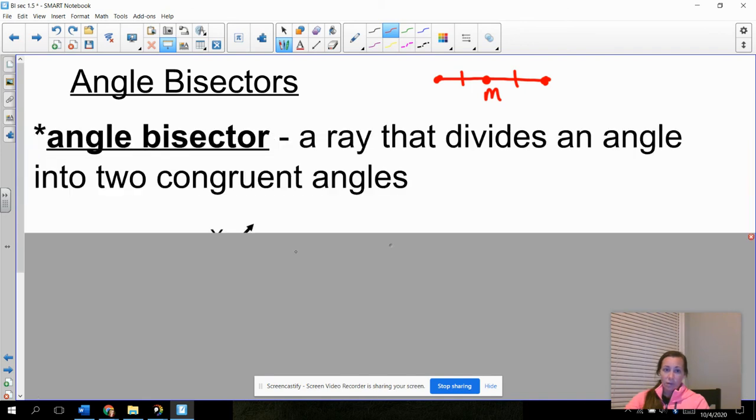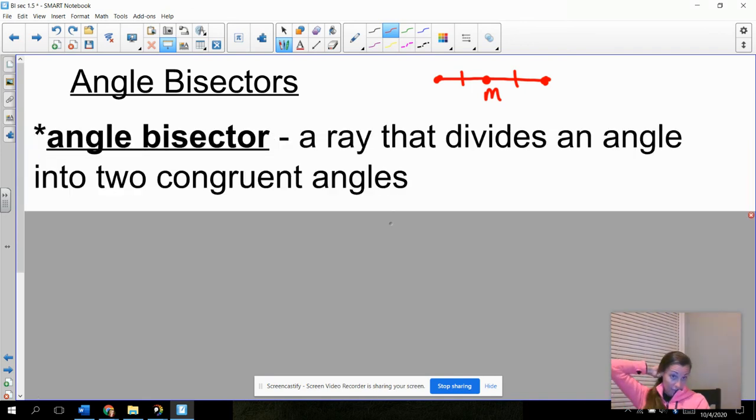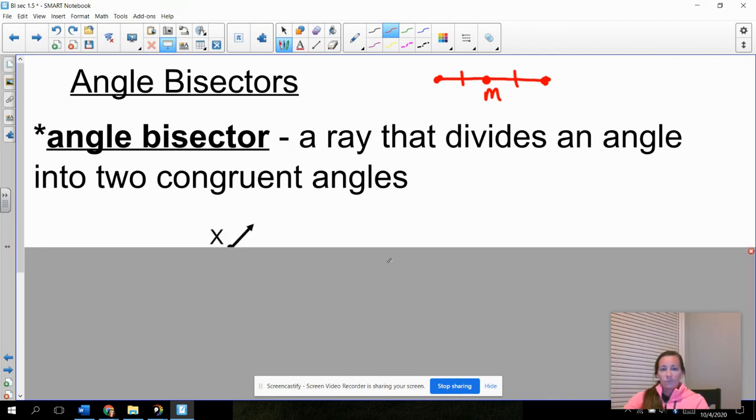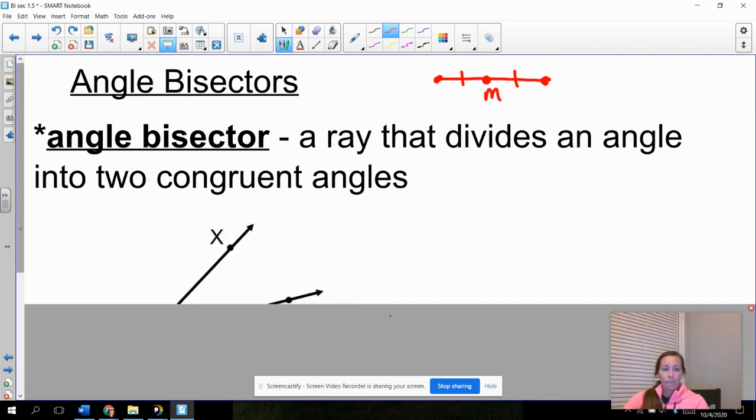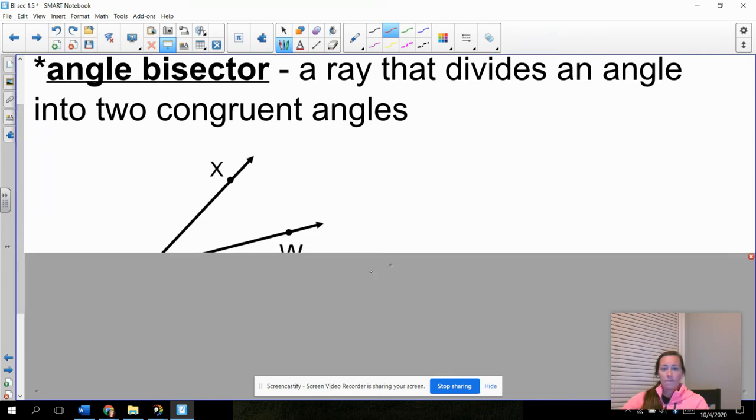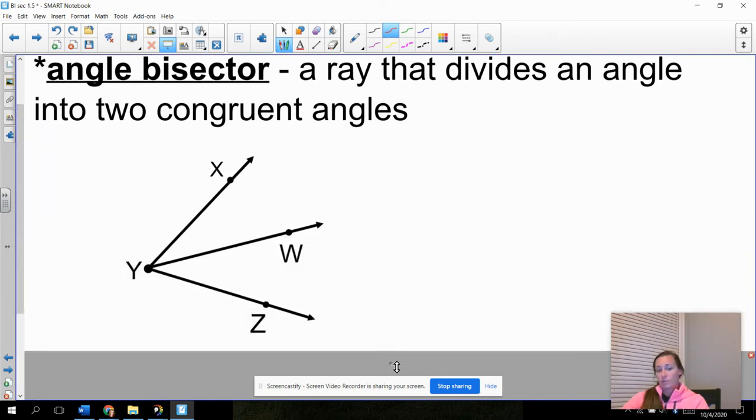That's exactly what angle bisectors are. Angle bisector is a ray that divides an angle into two equal parts or two congruent angles. Okay, so here's a picture, and what we can mark here is that this top and this bottom are the same.